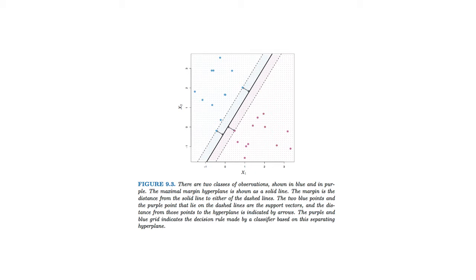we'll find that the best fit is going to be one that makes this margin, the space between the two dotted lines, as large as possible. So this is only going to work, obviously, if all the purple points are some distance away from all the blue points, and there is some band that we can call the margin that runs through there.